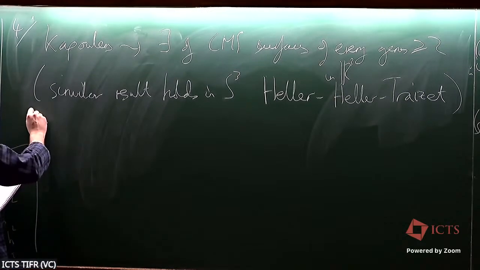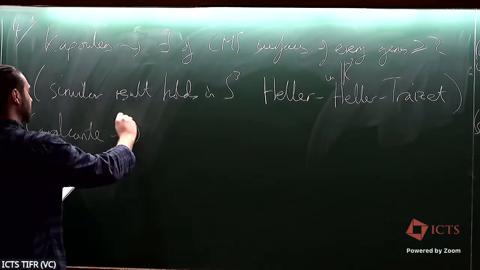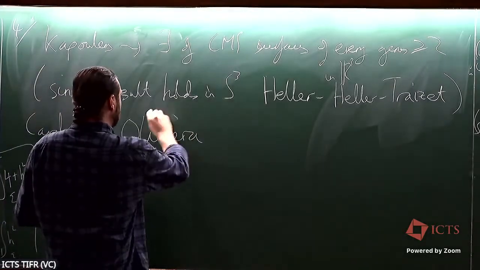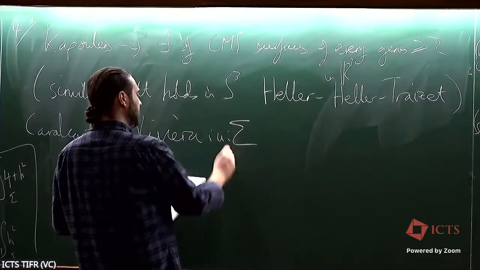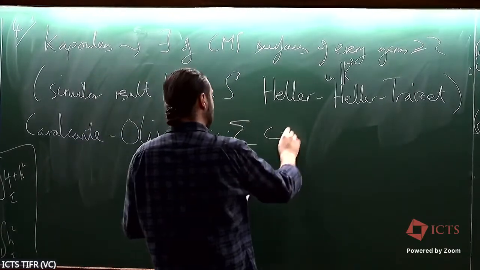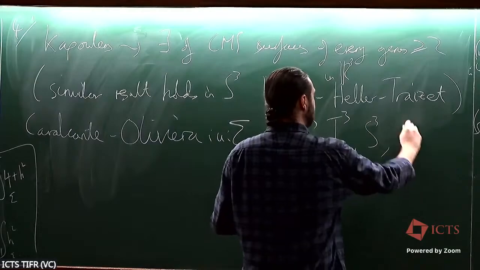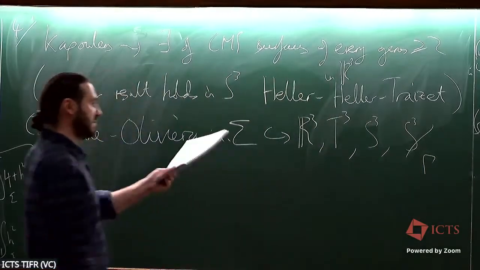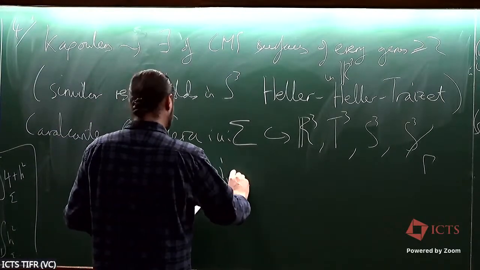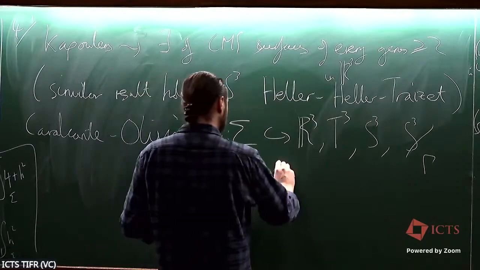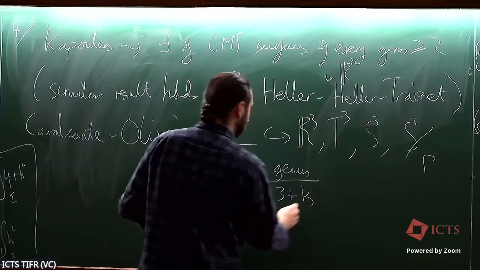However, we also have this result of Cavalcante and Oliveira, which says that if our CMC surface lies inside R3 or some 3-torus or S3 or some positively curved space form, then the weak index is bounded from below by the genus divided by 3 plus the ambient curvature.